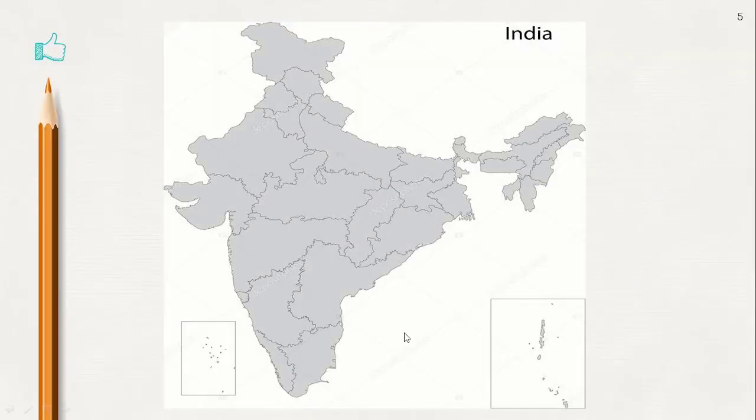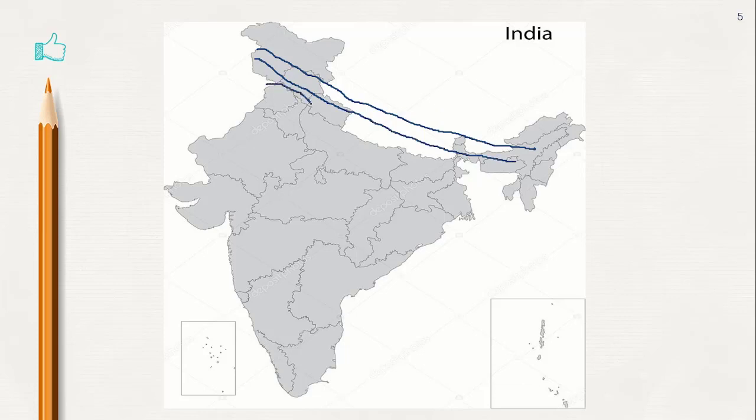Next, if this is the map of India, the first layer is called Himadri, the second layer is called Lesser Himalayas, and the last one is called Shivaliks.